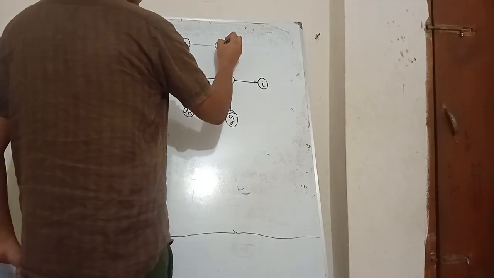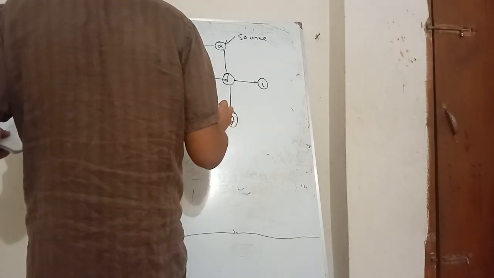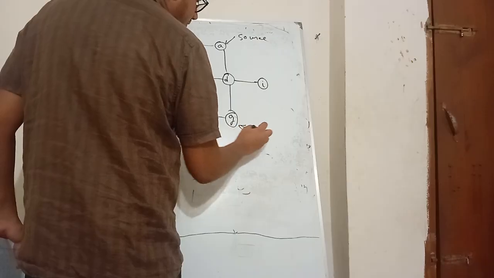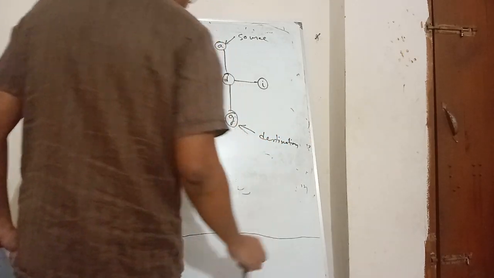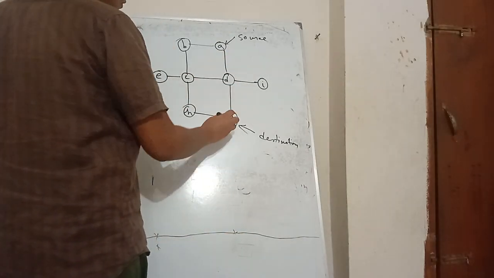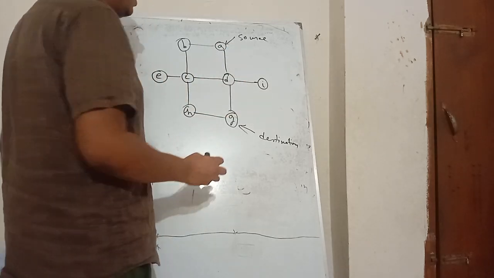This is our source and G is destination. We want to reach G from A using the shortest path possible.